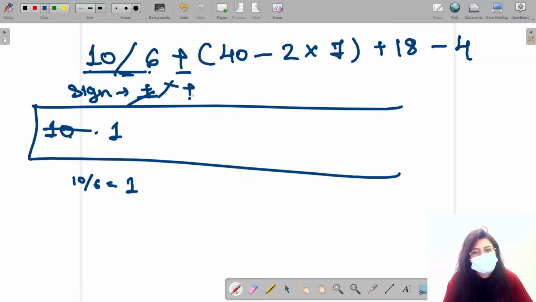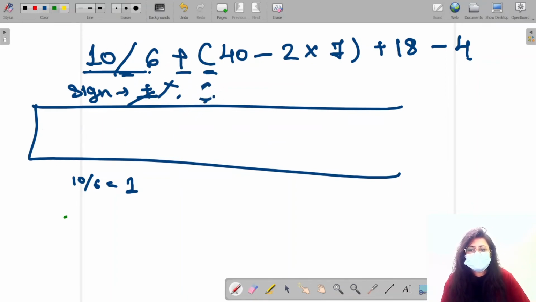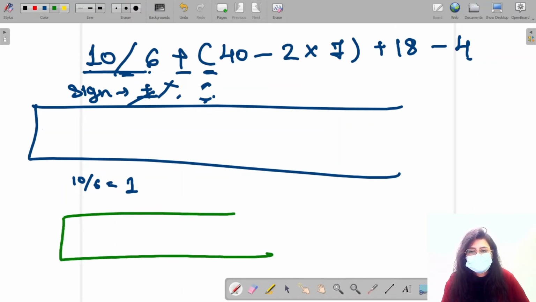Then plus operator came. Then the parenthesis came. What we will do? Pop this value and the sign. We have 1 and the sign as plus. Make it a pair. 1 and the sign plus. Make it a pair and store here. So 40 came.